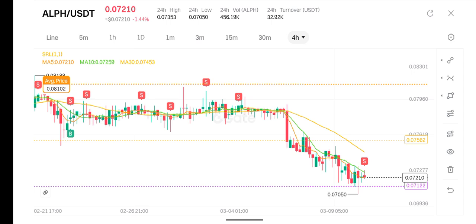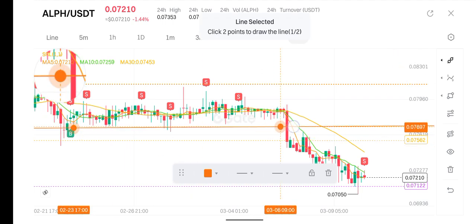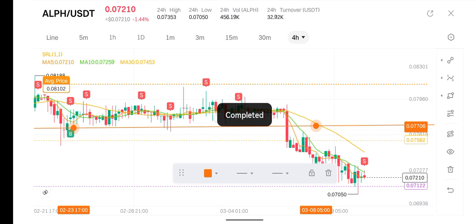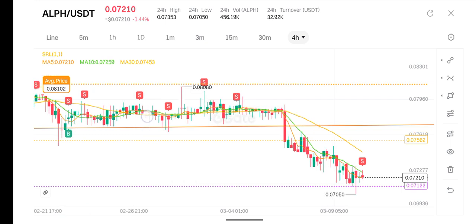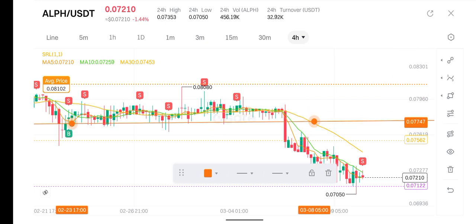Each candle represents 4 hours, okay, and let me see if I can draw a line here from here to here. Okay, we can see this support that has been created here. This is a support, and this support was broken and the price rallied down to this particular point it is in now.